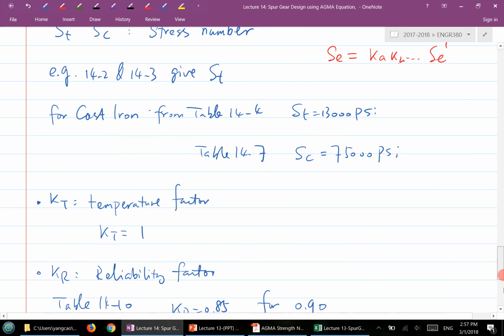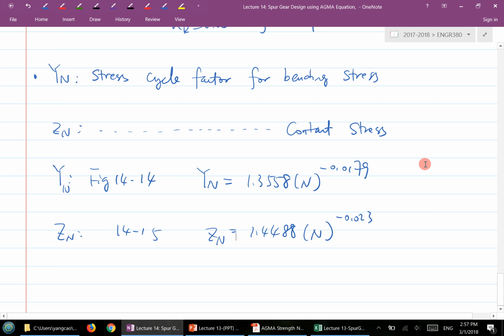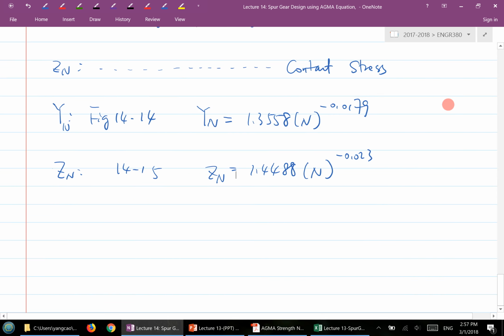Now, in your course project, you probably actually have to calculate a little bit based on some given conditions. For example, what's the RPM, how many hours life you want your system to spin, then you'll be able to calculate the total number of cycles. So in our particular case, n is equal to 10 to the power 8 for pinion.